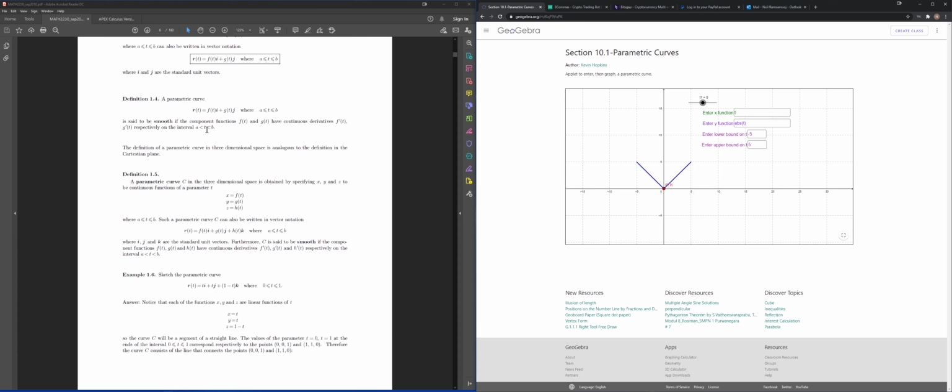All right. So this is a somewhat technical definition. I want you to have an idea of what it means, right? The check for continuous derivatives means that you need to check for continuity, and checking formally for continuity is probably a little bit beyond the scope of this course.